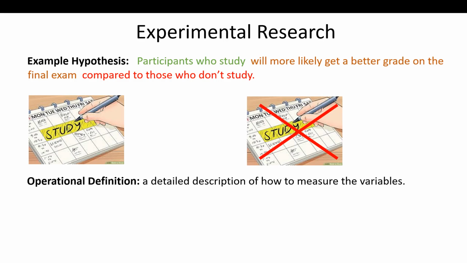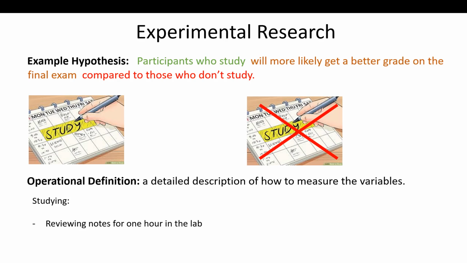And then we want to operationally define what studying and not studying is. And how do you think we should define those characteristics? We might define studying in our experiment as reviewing notes for 1 hour in the lab.